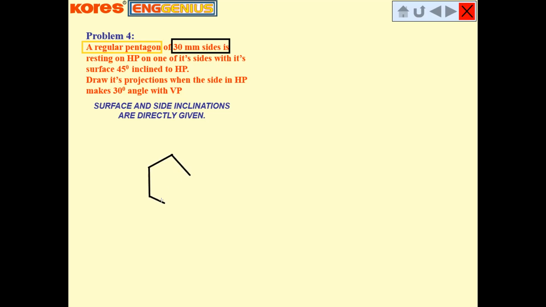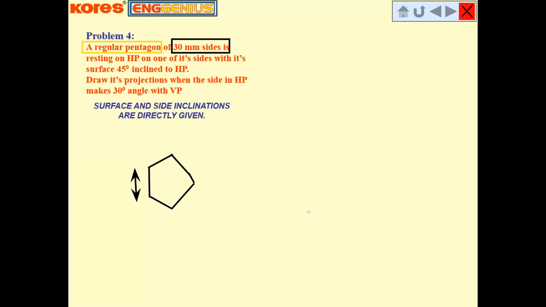So how is the pentagon going to look? It is going to look like this. So the side of this pentagon is 30 mm. This data is given to you over here. Now one of its sides with its surface is 45 degrees inclined to HP. See, one piece of information is given to you. Which information?